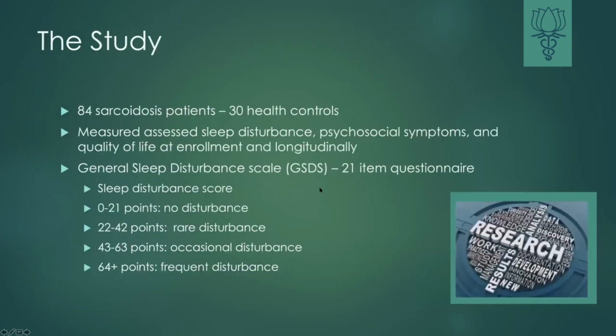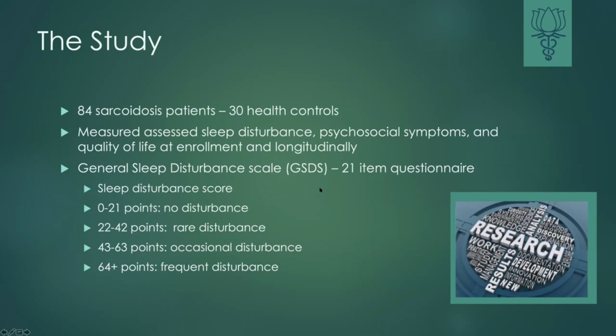So in this study, they took 84 sarcoidosis patients and 30 healthy controls. And they measured sleep disturbance, psychosocial symptoms, and quality of life, both at the enrollment of the study and longitudinally over time.